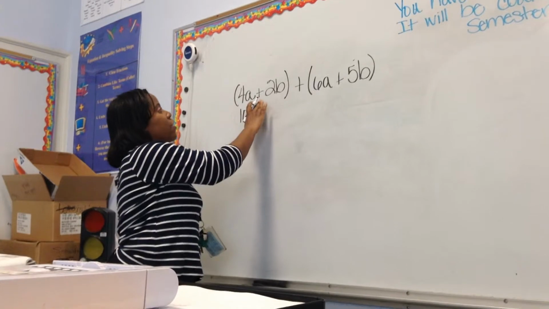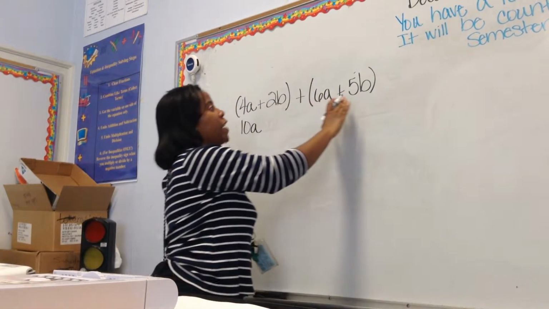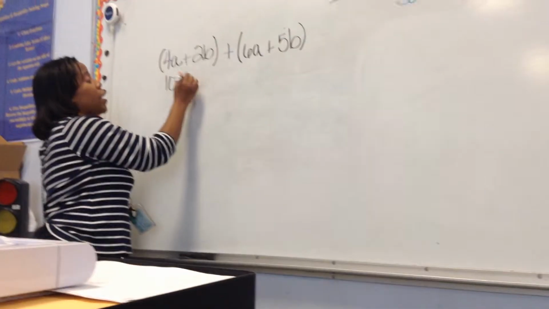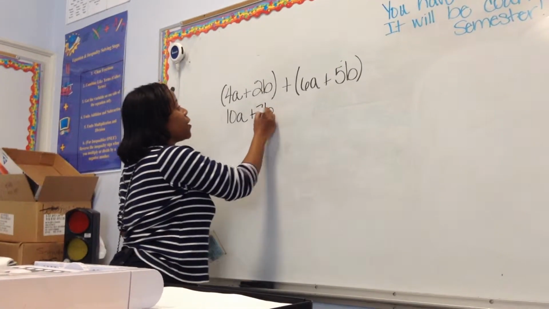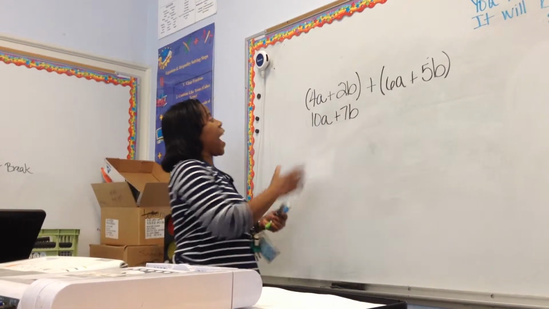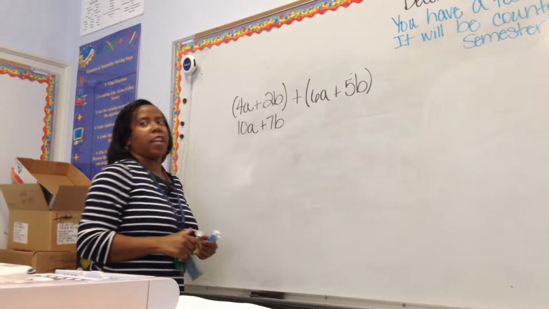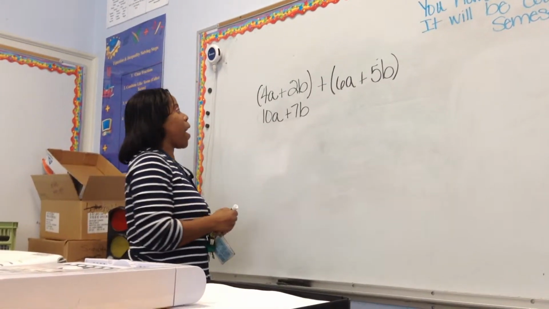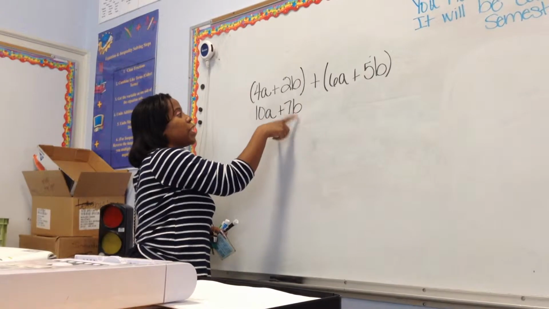Then I've got 2 baseball bats and 5 baseball bats. So I have 7 baseball bats. But here again, can I add apples and baseball bats? No. So since I cannot add apples and baseball bats, I need to leave them what? 7.